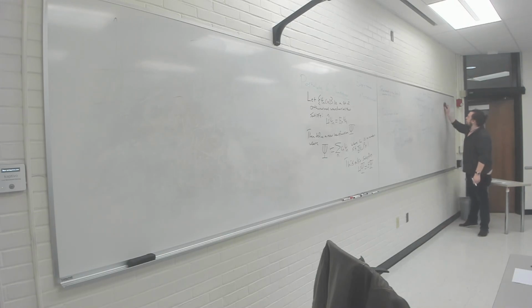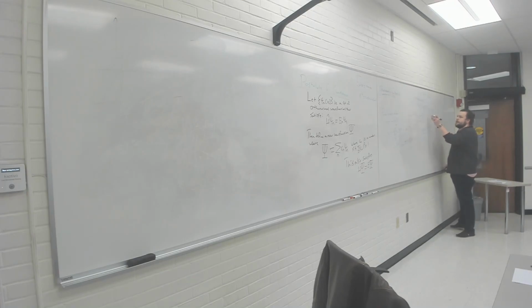Again, this integral is long, but what we're going to find is the answer is pretty straightforward. We have a plus and a minus here, so let's do plus pi squared over L squared.